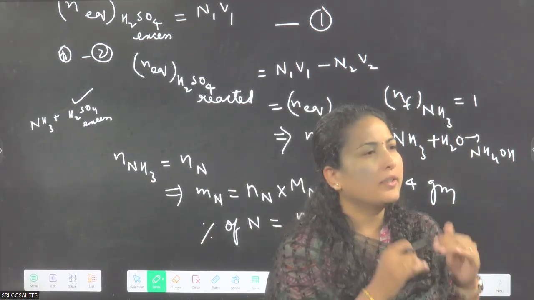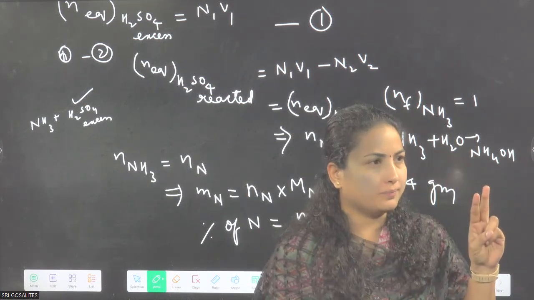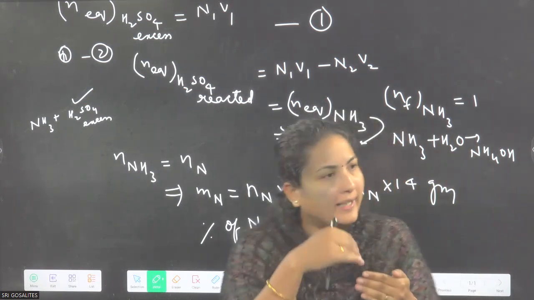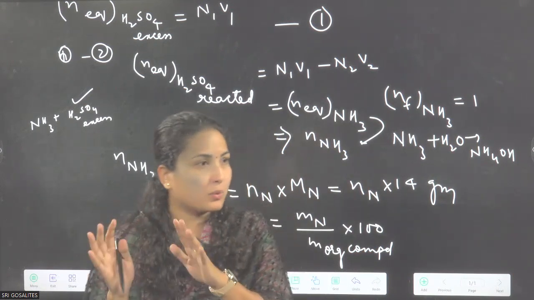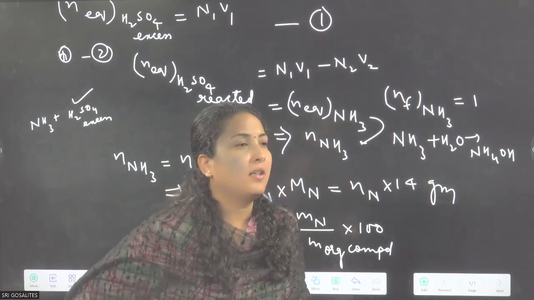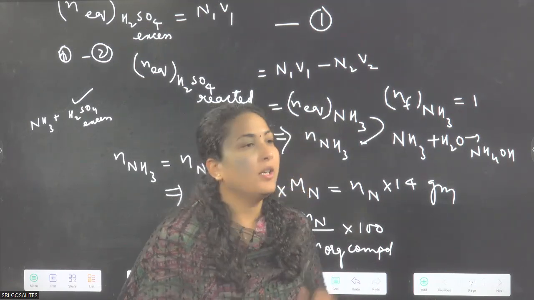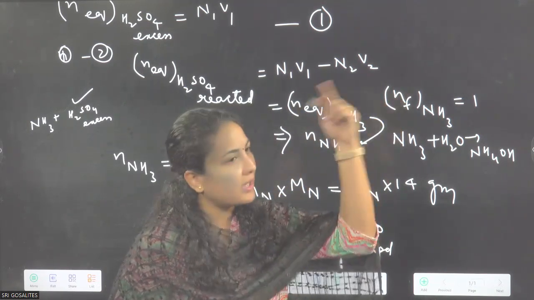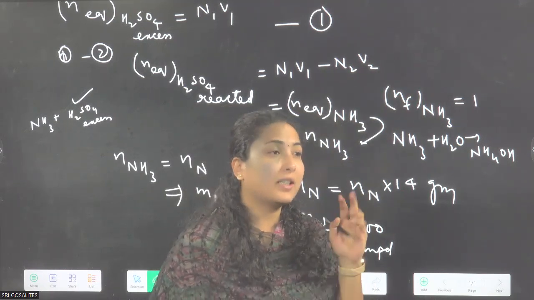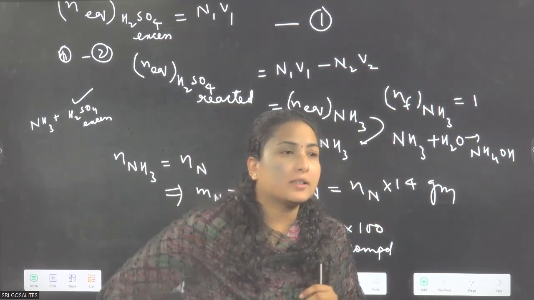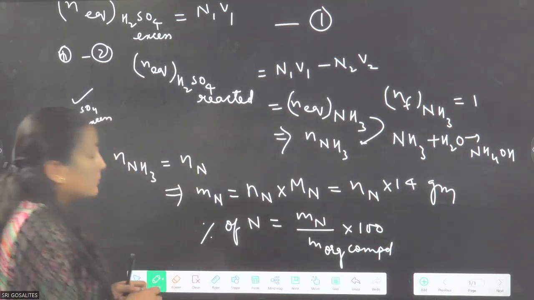If not given, then you can just take care of the two equations. One is when you are titrating with NaOH in the end, last one. Basically what you are getting is the number of equivalents of H2SO4 which were left out. Once you have that, you already know how much H2SO4 was there in the container which you had taken originally. Is this clear to all of you? We'll look into the question now.